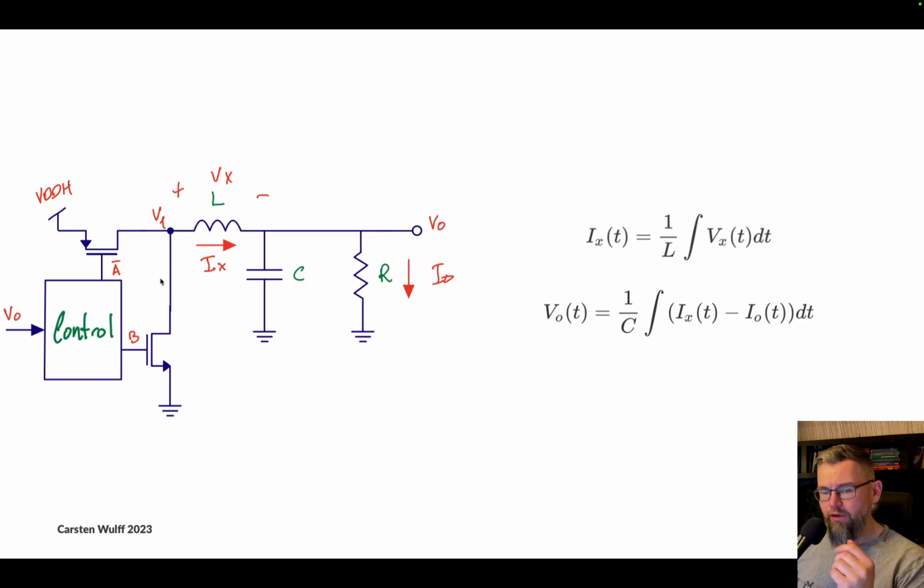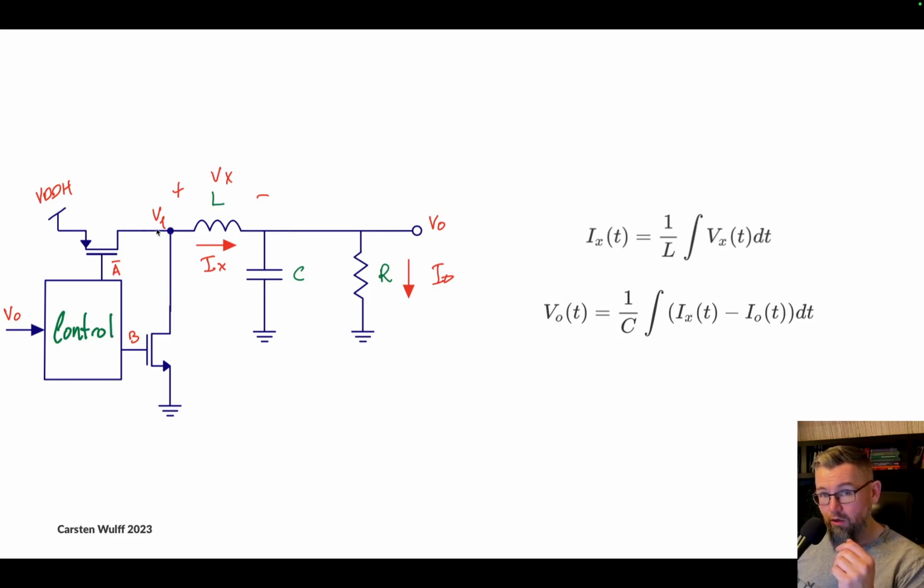The principle of operation in buck DC-DCs is that first you turn on the PMOS. That sets up a current in the inductor, Ix, given by the integral of the voltage across the inductor. So that means it depends on the VDDH and it depends on the output voltage, VO.